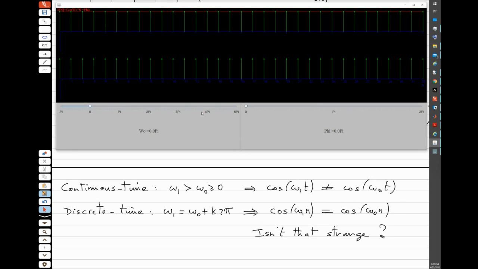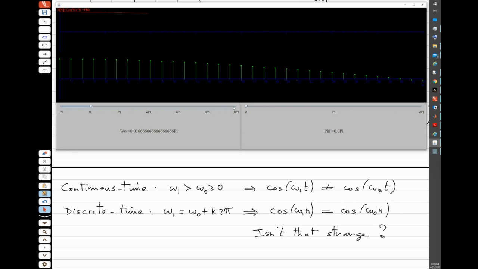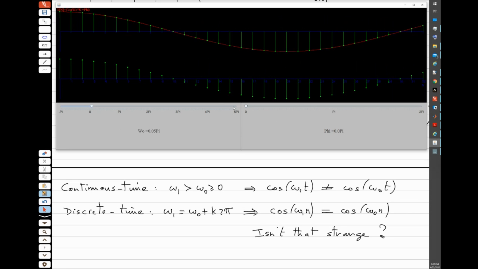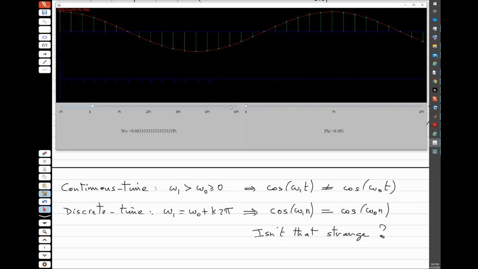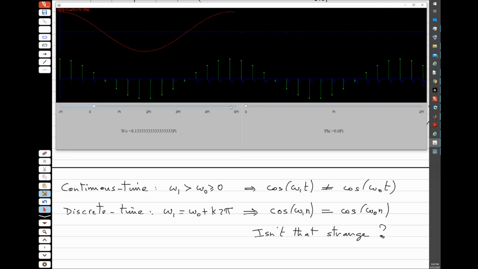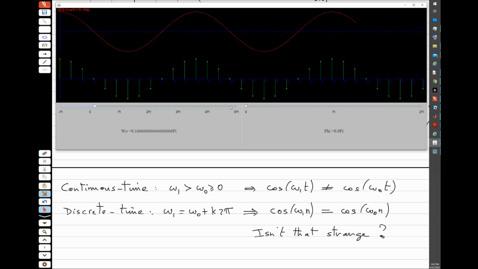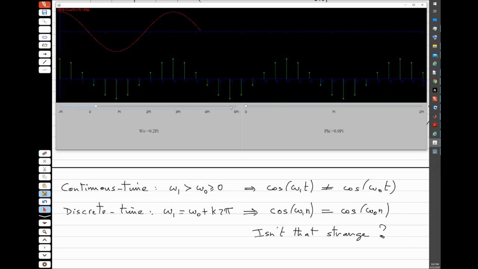And I'm going to increase omega 0 by moving this cursor. What do you see? You see a cosine function of small frequency value. You see it in continuous time and you see it in discrete time. Even by looking at the discrete time, you recognize the cosine. Let me increase omega 0. What do you expect to see?